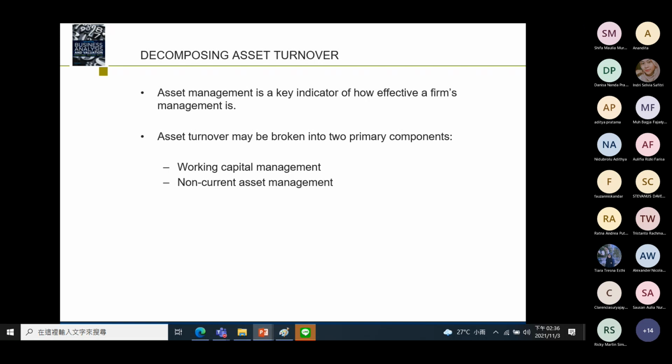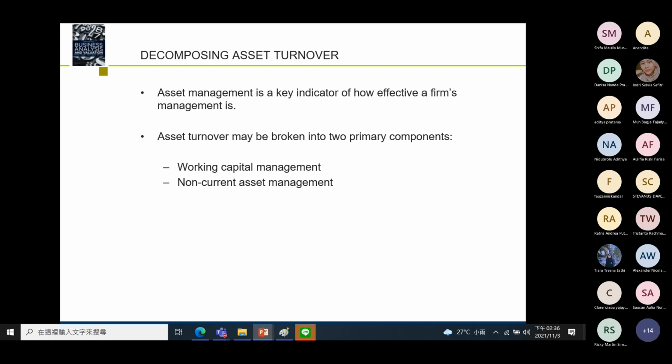There are two primary areas of asset management: working capital management and management of non-current operating assets. Working capital is defined as the difference between a firm's current assets and current liabilities.